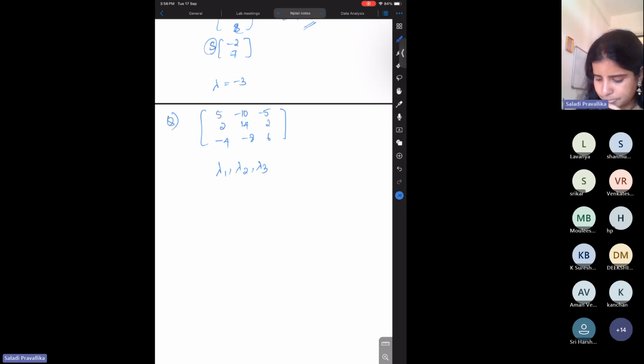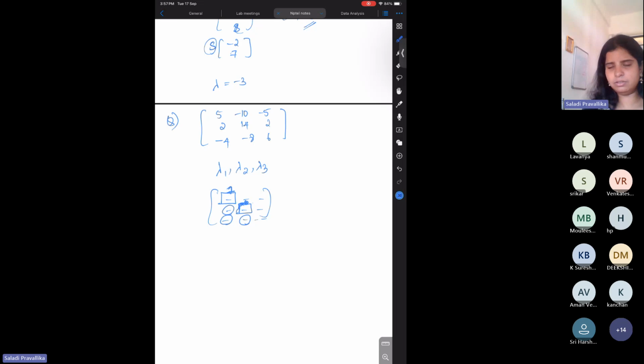Once we find the augmented form, you make these entries 0, and then try to make this one equal to 1 and this one equal to 1. Mostly once you do this, it's enough.